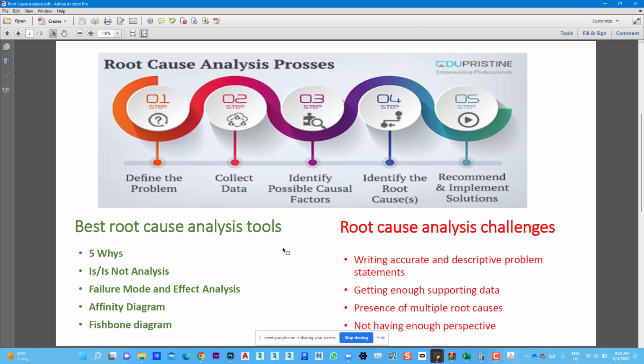He went and checked the machine, the pump that controls the pressure. In the third why, he identified that the machine is faulty. Fourth why: why is the machine faulty? Because there is a short circuit.